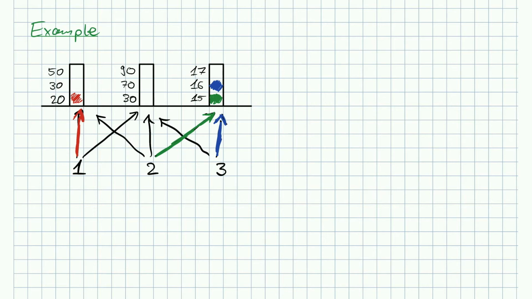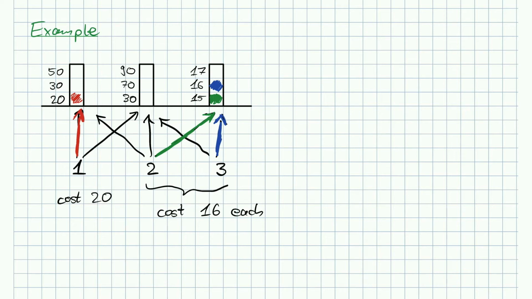What's the cost that these players incur? So both players 2 and 3, each of them has a cost of 16, and player 1 has a cost of 20.